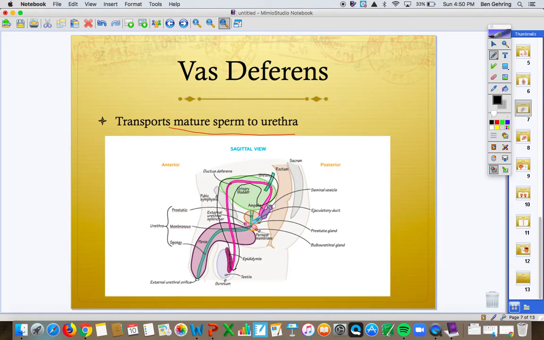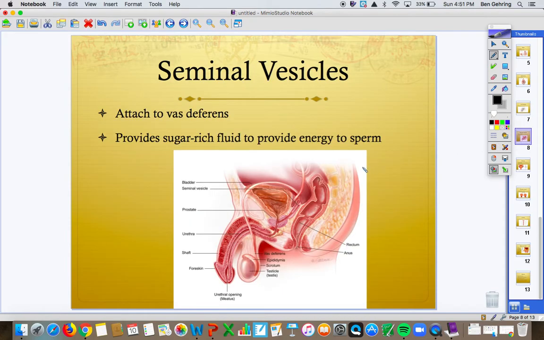It goes around your urinary bladder and meets up with your urethra at this point. We'll talk about the urethra in a little bit. Your vas deferens merge with your seminal vesicles. So this is your testes, or testicle here, which releases sperm to the epididymis, where it matures. Then it travels through the vas deferens up and around here.